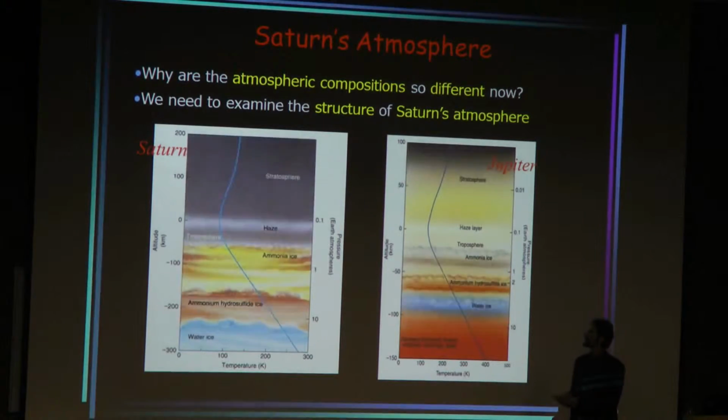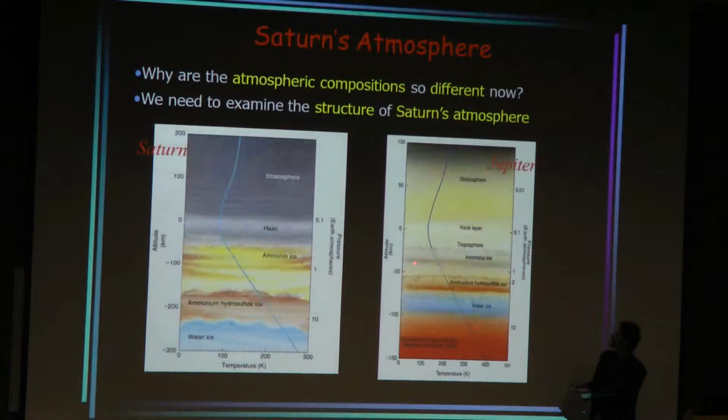actually explains why we see a very bland-looking Saturn. Because if we wanted to look past the ammonia layer and see a nice blue watery stripe in the atmosphere, you've got to look down around 200 kilometers to do that. To see the water layer in Jupiter's atmosphere, we only have to look down around 75 kilometers.